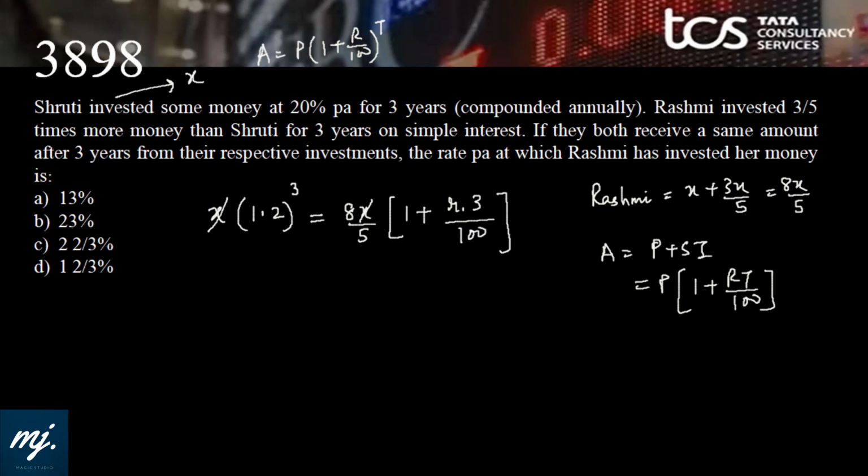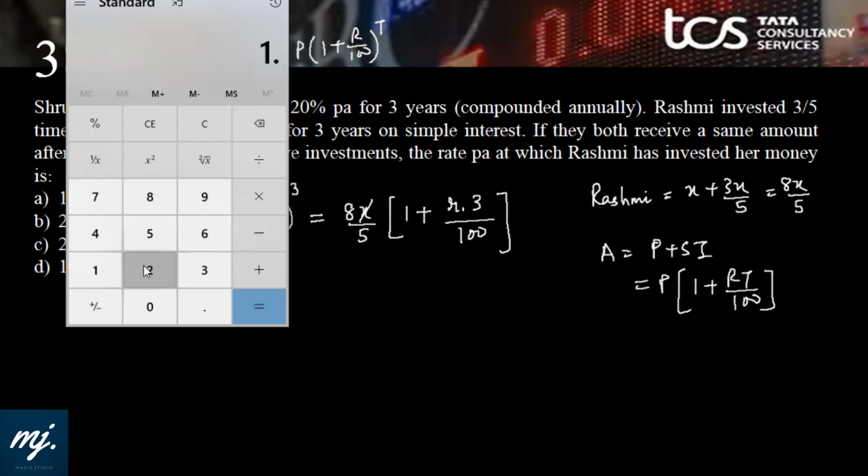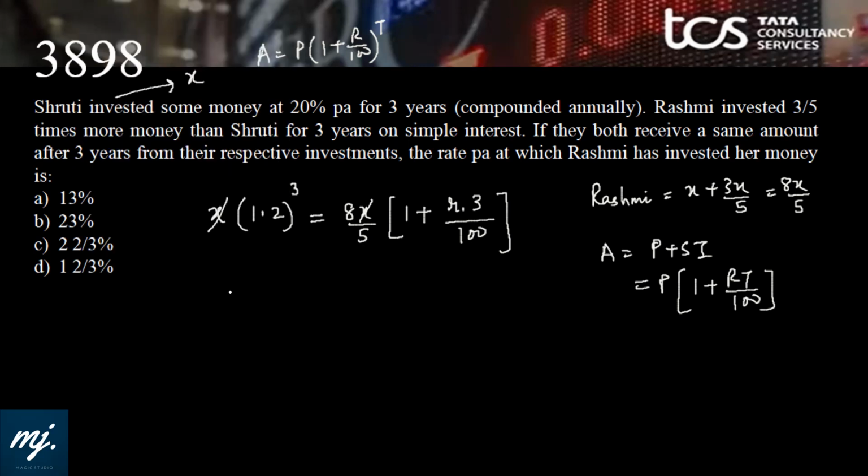So X is gone. 1.2 whole cube, 1.2 into 1.2 into 1.2, is 1.728. So 1.728 into 5 by 8 minus 1 is equal to 3R by 100.